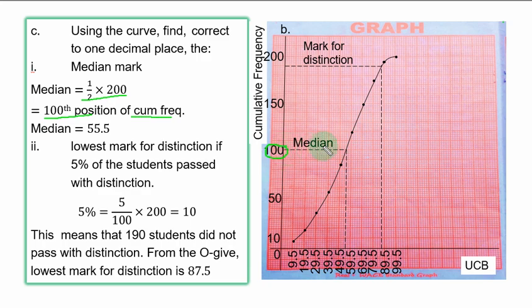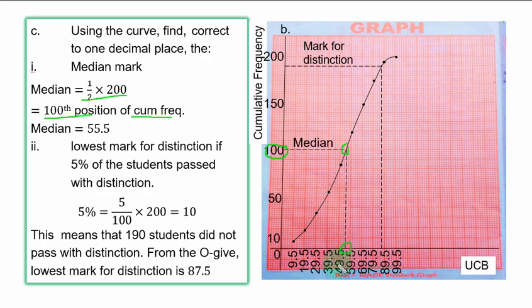You trace to the curve at this point, and you trace down to the upper class boundary axis. Now we have it on the third line. One line is 2, as I said earlier.